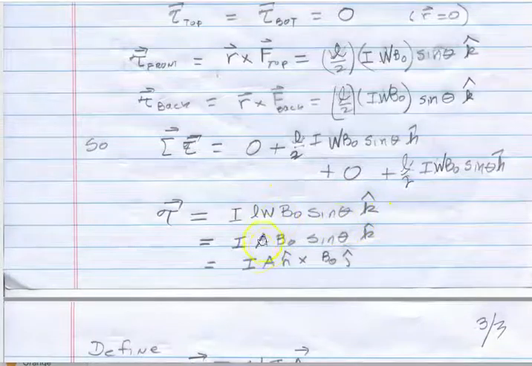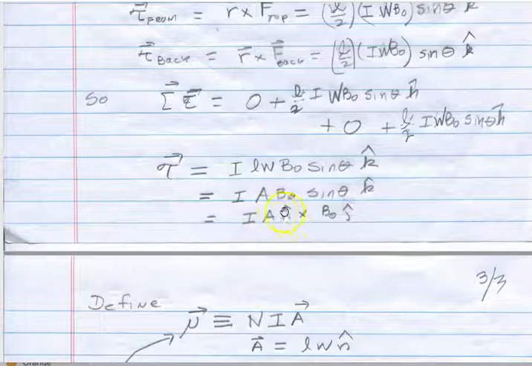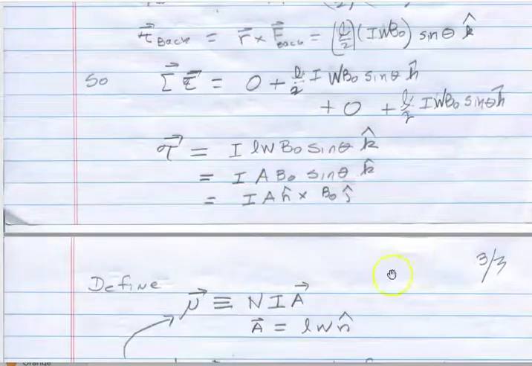L times W is just the area enclosed by the circuit loop, and you can take a look at it, but that's the same as n hat crossed into j hat. And now I've got the following: an area vector is just the area, length times width, times its perpendicular unit vector. So that's my A vector.